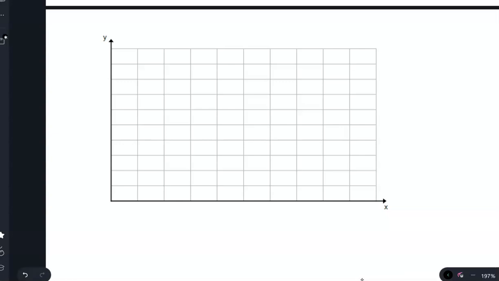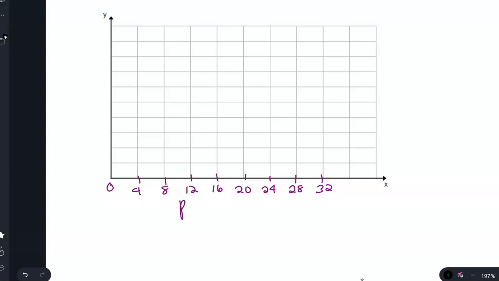Okay, so 0, 4, 8, 12, 16, 20, 24, 28, 32. Okay, so this is players' salaries in millions of dollars.